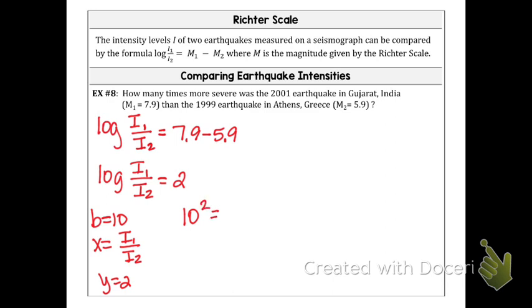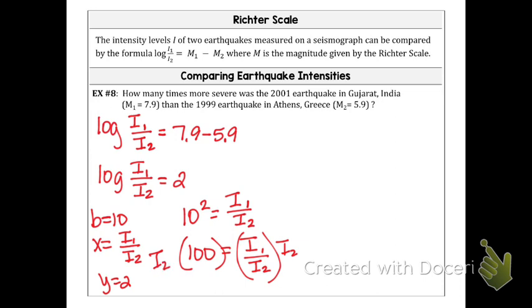So b to the y equals x. And so we know then that 100 is equal to I sub 1 over I sub 2, which means it is 100 times greater. And if nothing else, you could multiply by the I sub 2, and you'll see that I sub 1 is equal to 100 times I sub 2. So the intensity of India is 100 times greater than the intensity of the one in Greece.